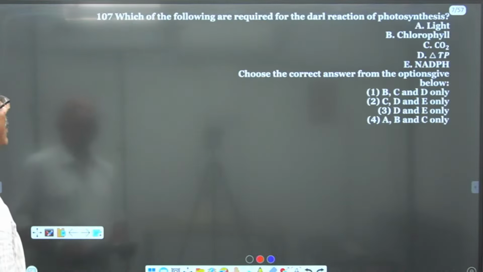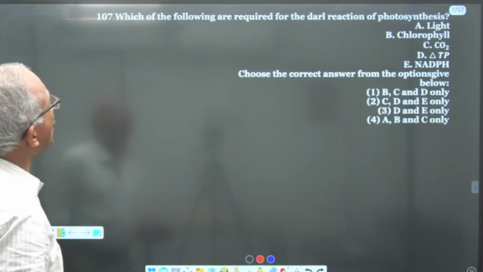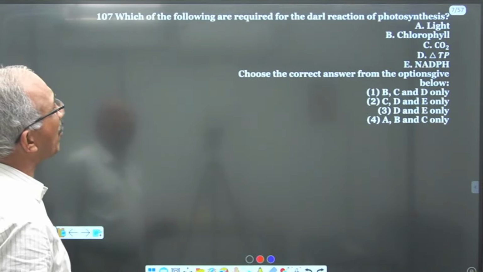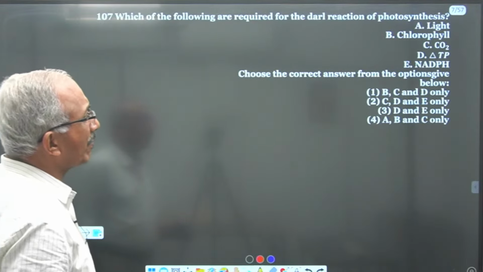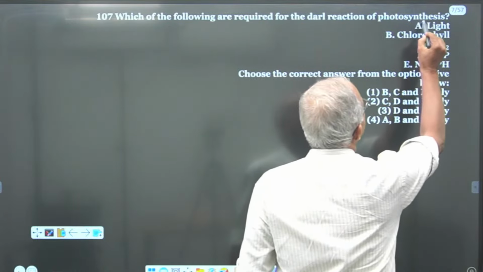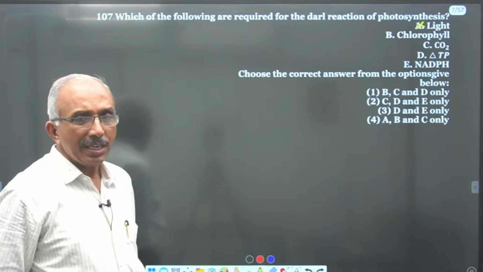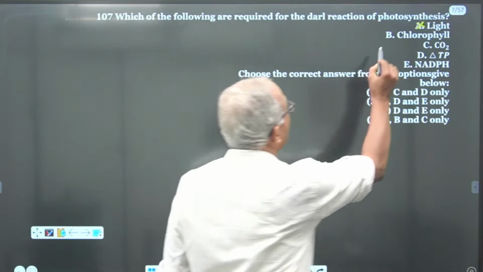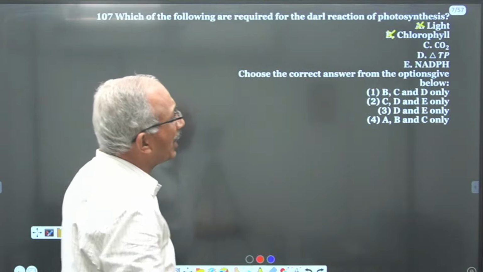Next, 107. Which of the following is required for dark reaction of photosynthesis? A is not required for dark reaction. It is A and B. They are required for only light reaction.